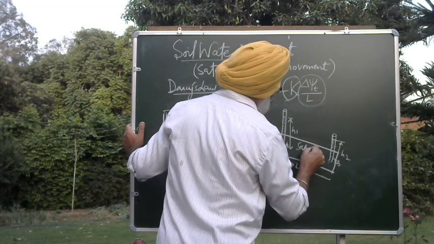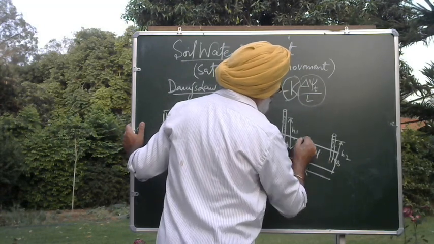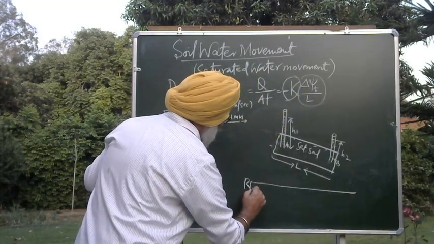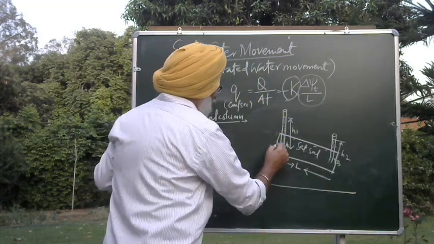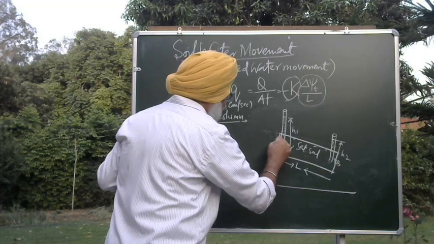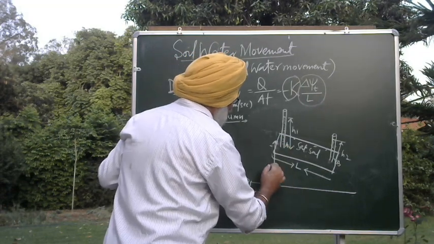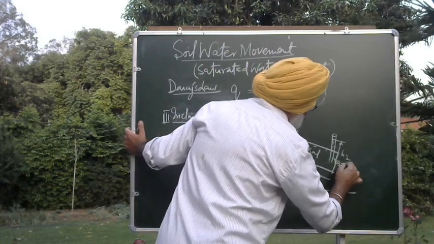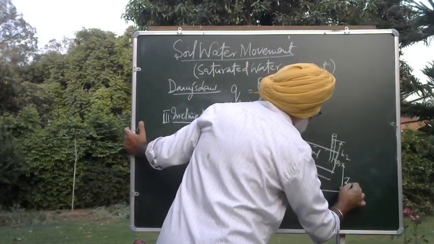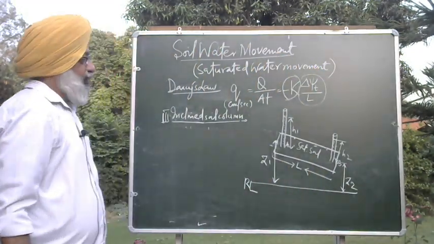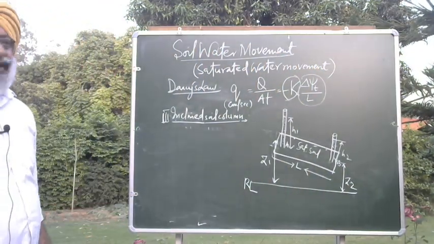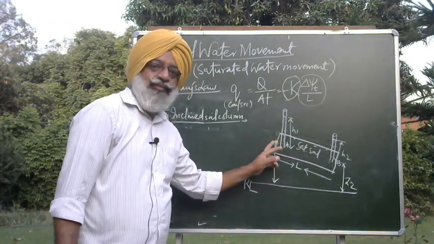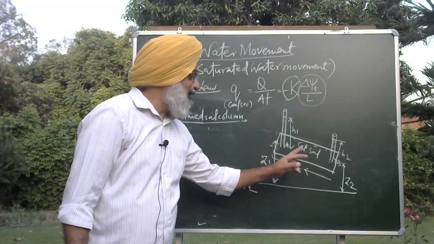Again it is saturated soil, and if you have a reference level over here, now this is point A, so this is Z1, and here this is point B, this will be Z2. Got it?